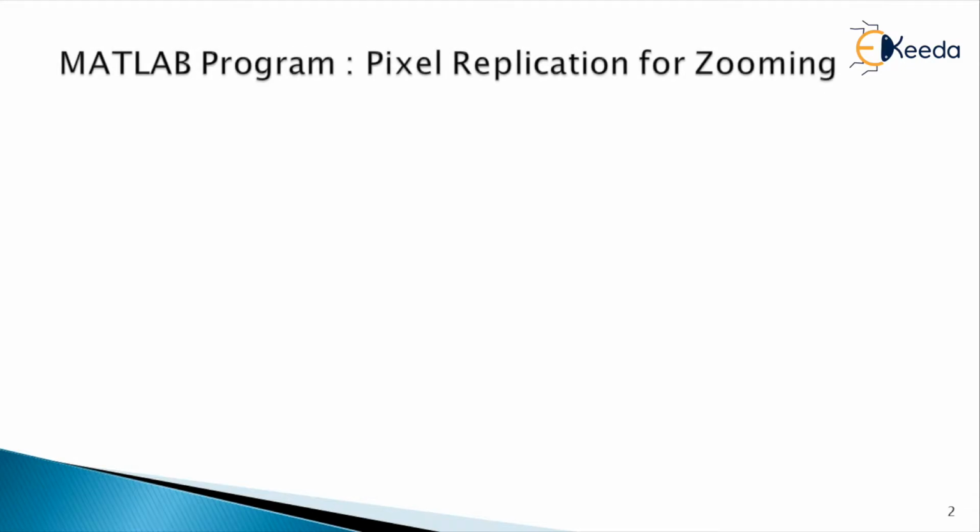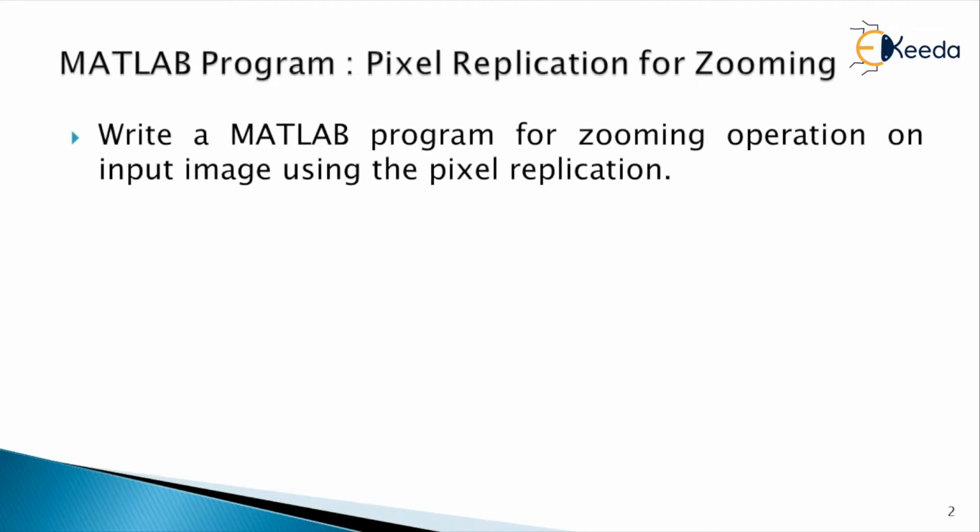So here we start with our topic, titled MATLAB program pixel replication for zooming operation. In this context, we are going to take a simple aim: write a MATLAB program for a zooming operation on an input image using pixel replication.